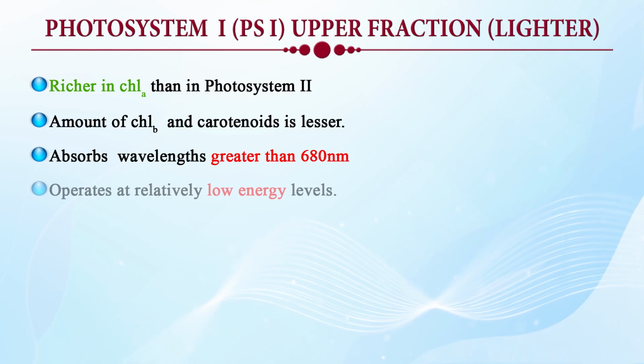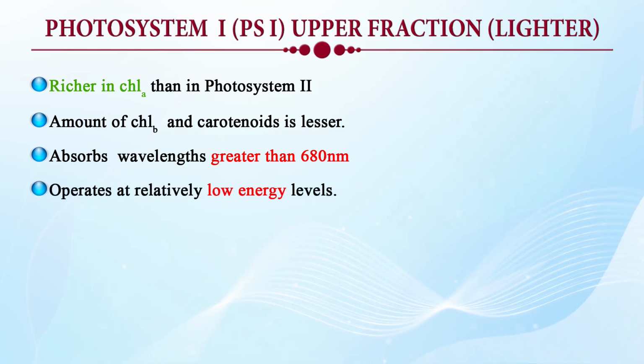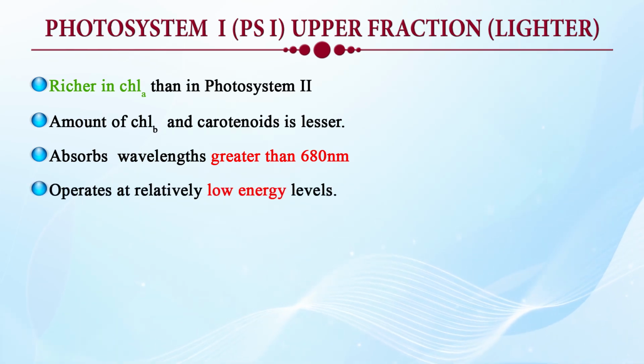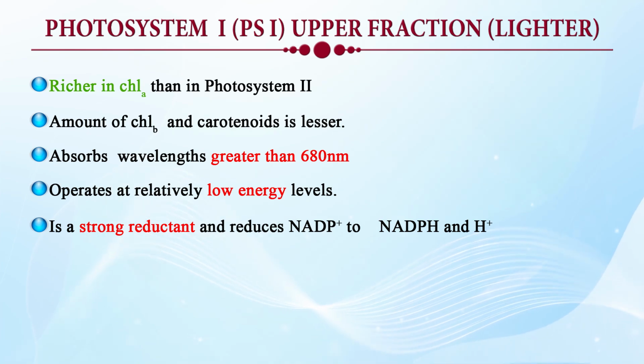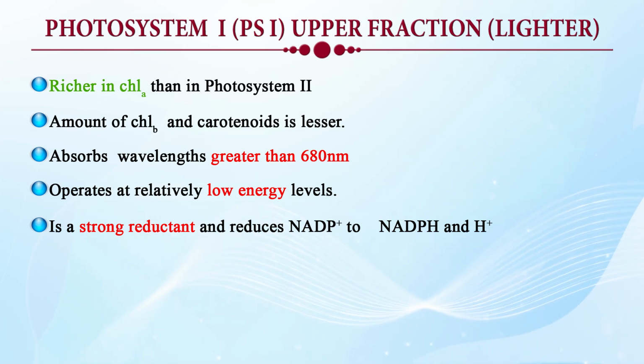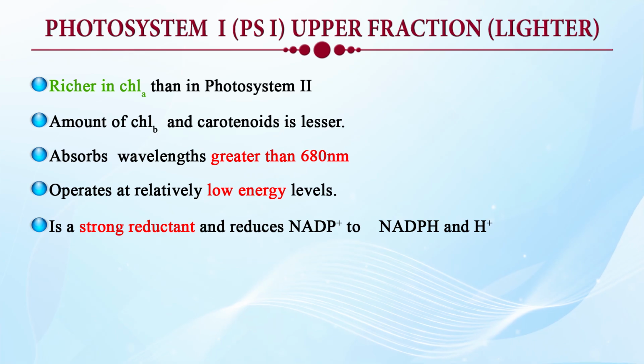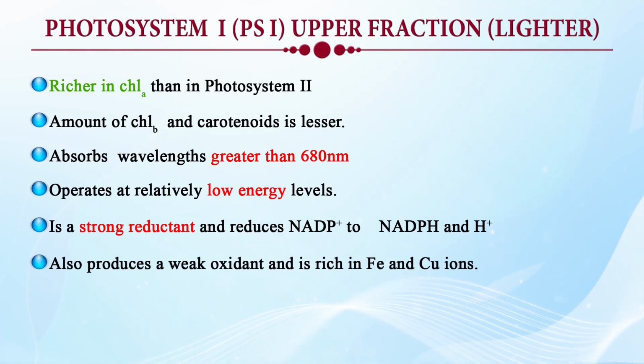And likewise, photosystem 1, which was the lighter fraction, is important because you should remember it is a strong reductant. That means it reduces NADP to NADPH. On the other hand, it is a weak oxidant and it is rich in iron and copper ions.